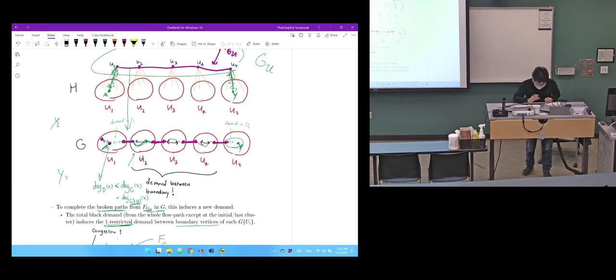So this guy will receive at most the number of battery edges incident to it, which is at most the degree of it in the original graph. Are you with me?